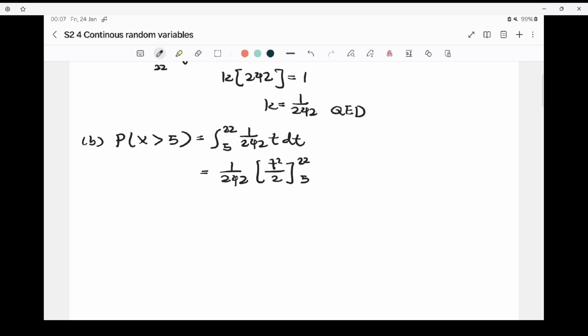So that will be 1 over 242 multiplied by 22 squared divided by 2 minus 25/2.